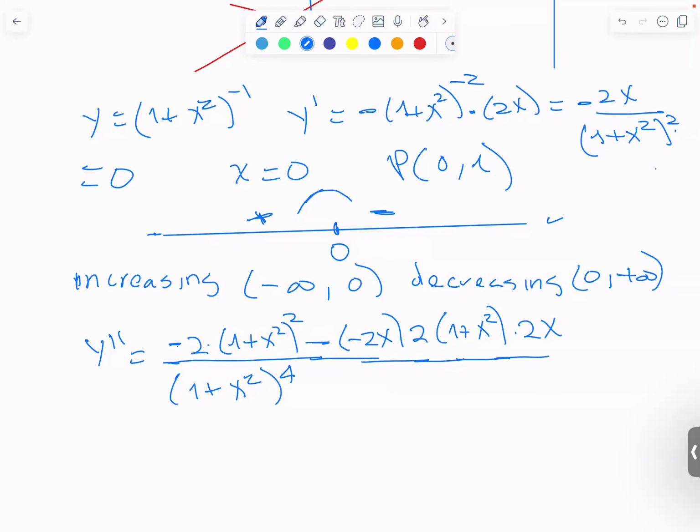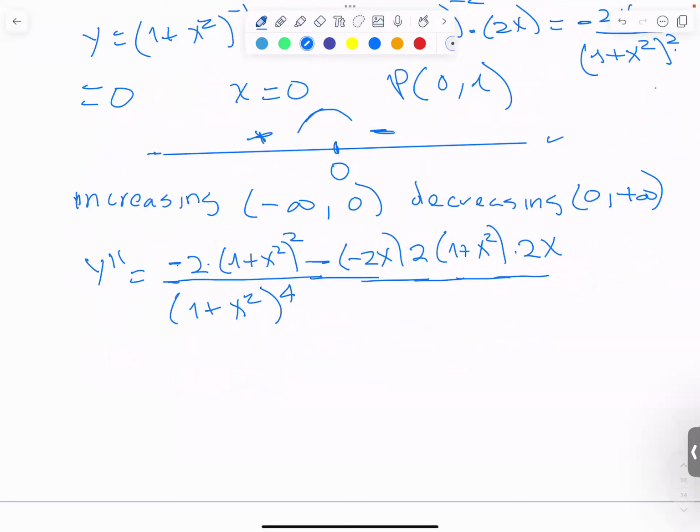Let's see what I can do here. The second derivative here is more complicated. You have to be very careful with the algebra. Now let's factor out from the top a 2 and one factor of (1 plus x squared).